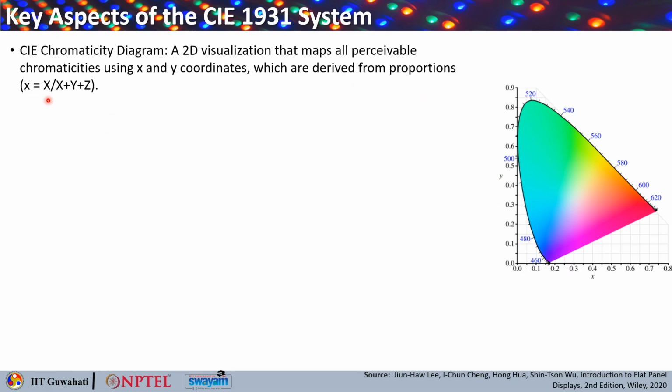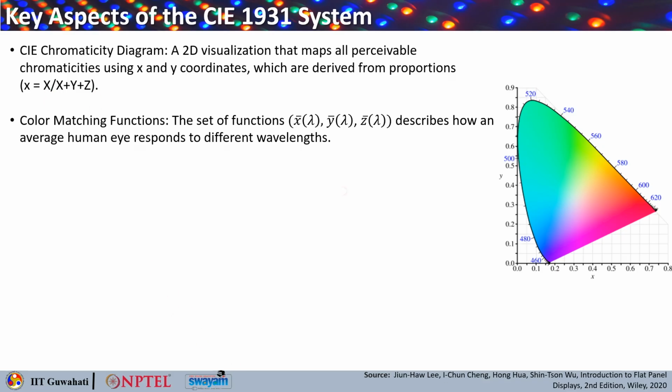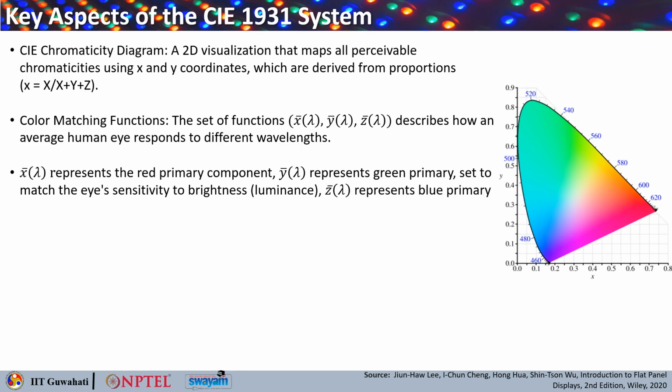So, small x is capital X divided by capital X plus Y plus Z. And you can obtain small y as well, and then you can find out the color matching functions. The set of functions, small x bar lambda, small y bar lambda and small z bar lambda, describes how an average eye responds to different wavelengths. That is why it is a function of lambda.